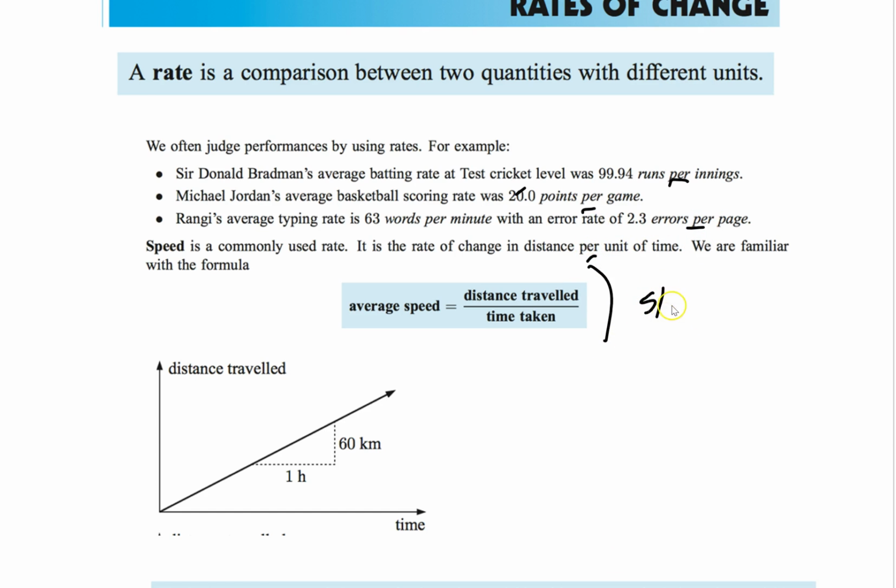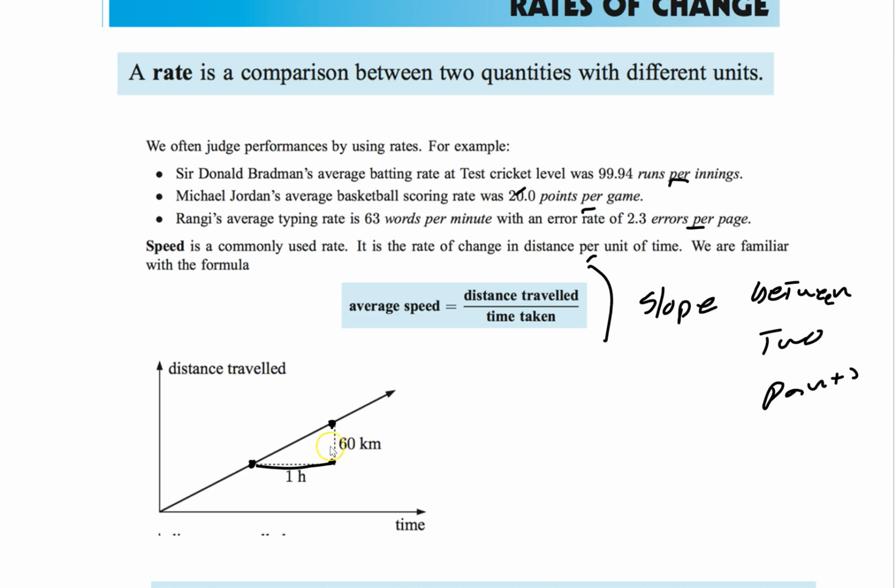Is this a slope between 2 points? Right? If it takes an hour to travel this direction, and you've gone up 60 kilometers, right? How do you find out your rate of this?